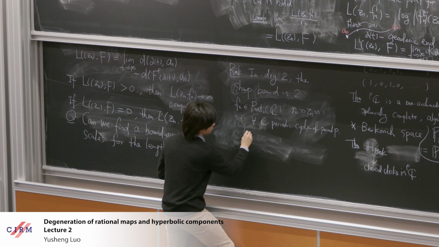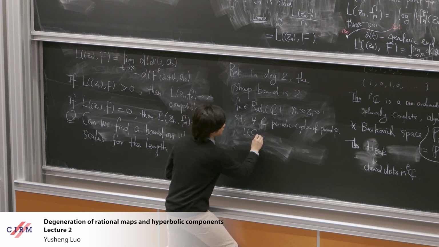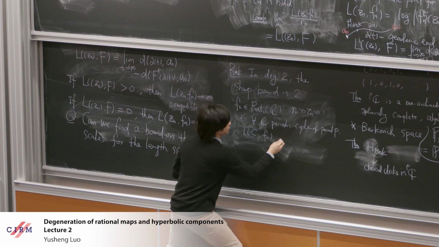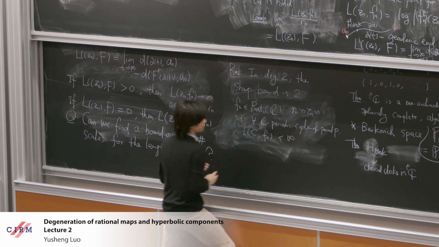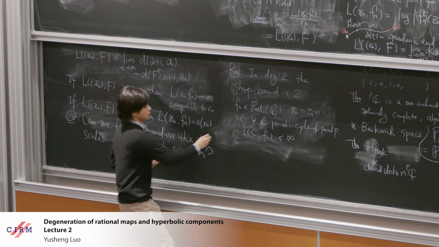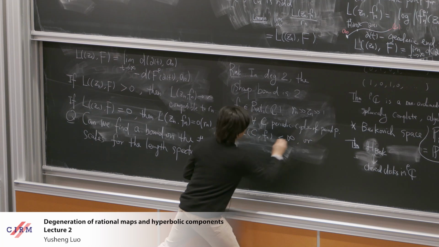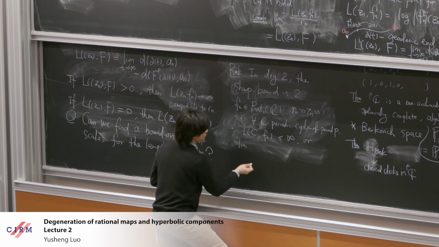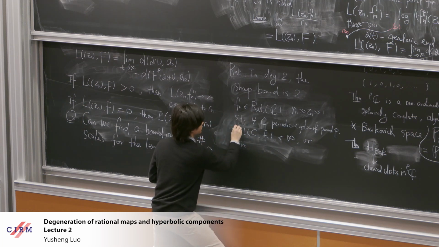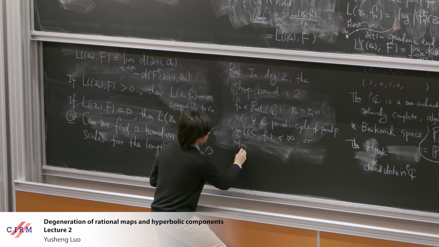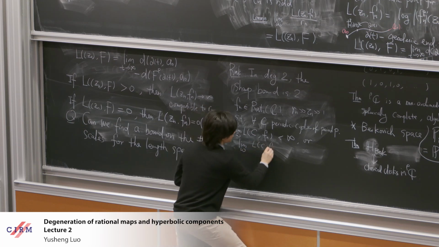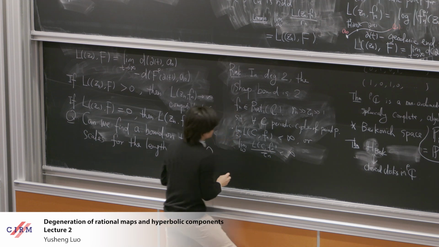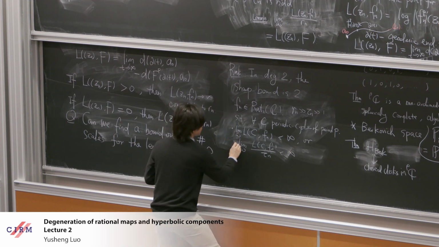So the length spectrum is either bounded, or when you take the limit of this length divided by the first scale, it is bounded and non-zero.